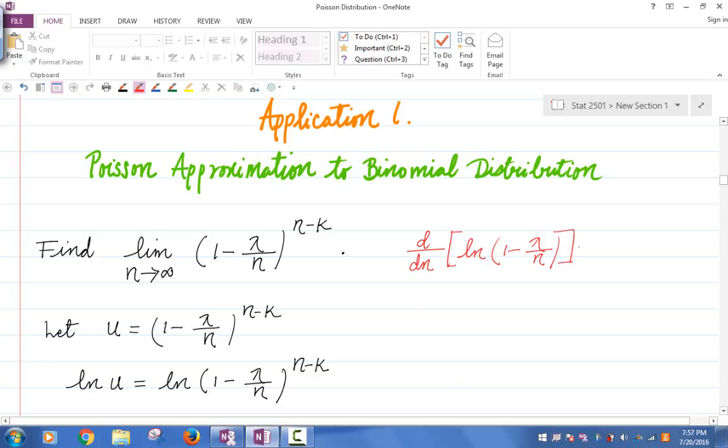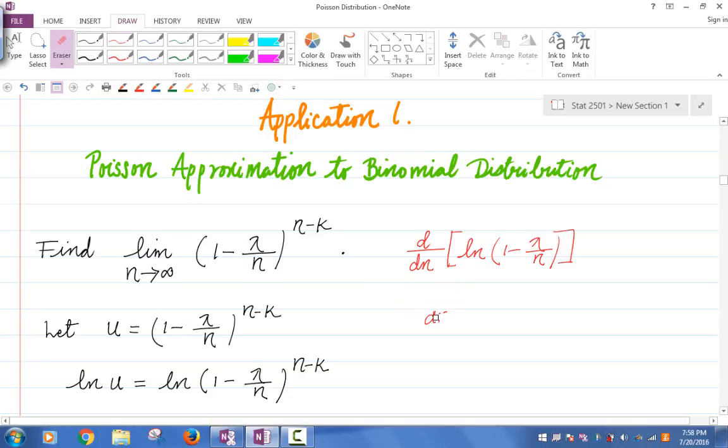The derivative of ln of x is 1 over x, so this will be 1 over 1 minus lambda over n, multiplied by the derivative of 1 minus lambda over n.